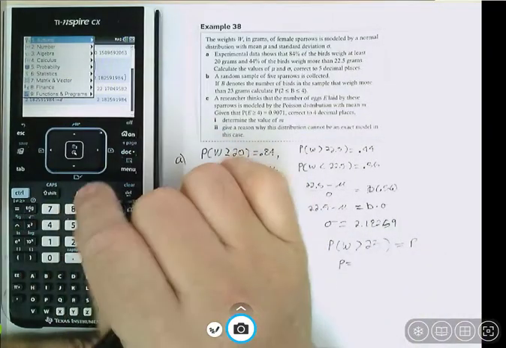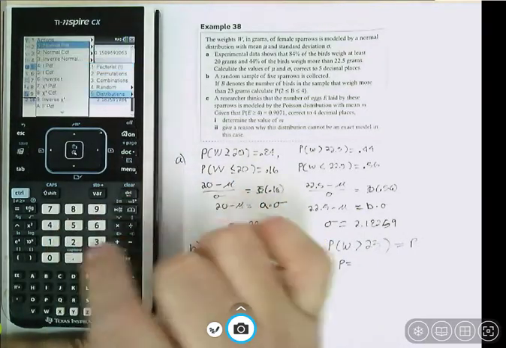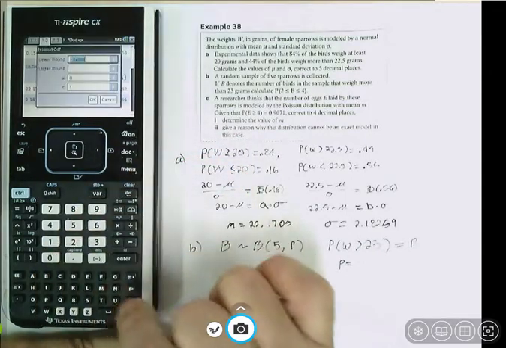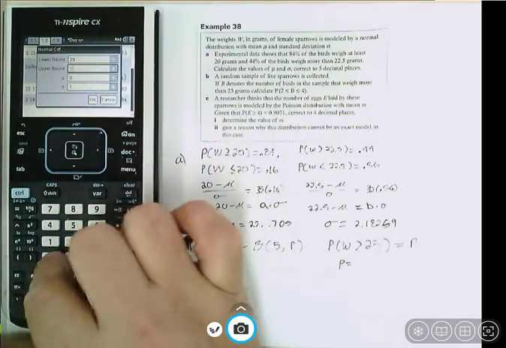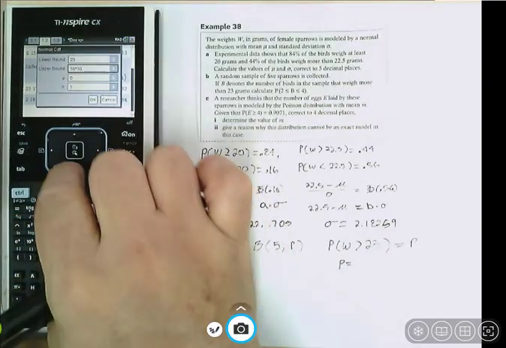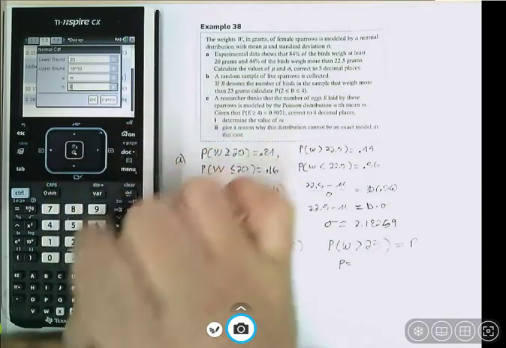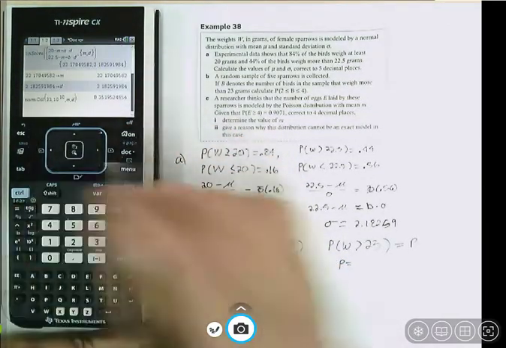I'll go probability distribution 5, and then I got a normal CDF that's 2, and I'm going to start at 23, and I'm going to go up to 10 to the 10th, which is really high, and I have stored those values, my mean and my standard deviation as such.